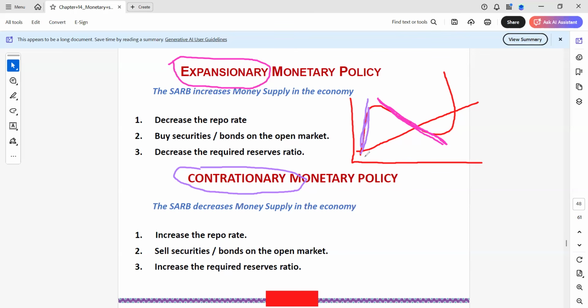So to try and slow down this growing economy, we can use the contractionary monetary policy. The reason why I circled contractionary is because this is an expansionary phase, but we are using the contractionary monetary policy, right?